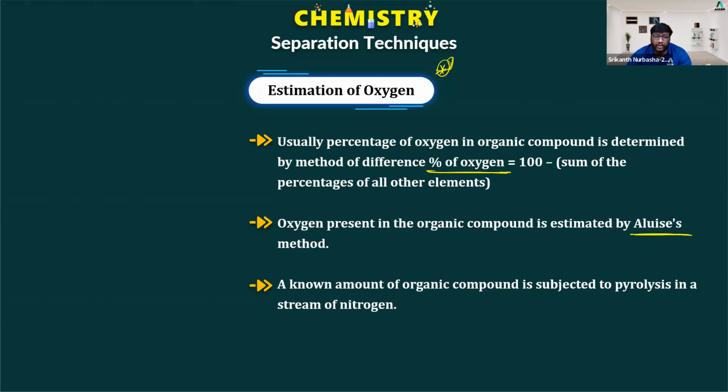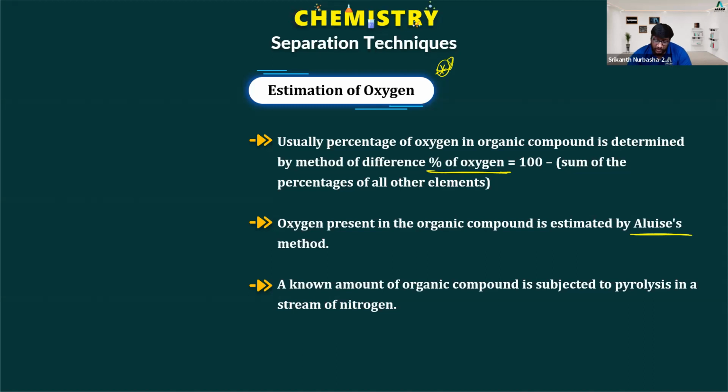That oxygen is converted into O2 gas, and we will get other gaseous products also, because we are heating to a very high temperature. That oxygen is treated with carbon to form CO, and that CO obtained is converted into CO2 by passing over iodine pentoxide. So based on this iodine, we will estimate how much percentage of oxygen is there.